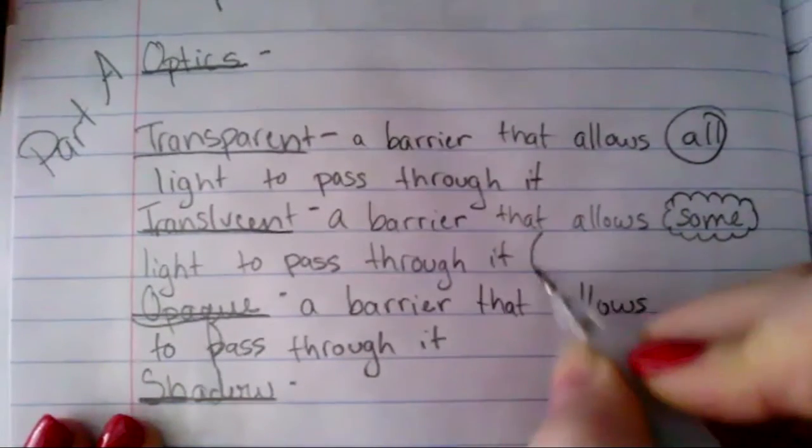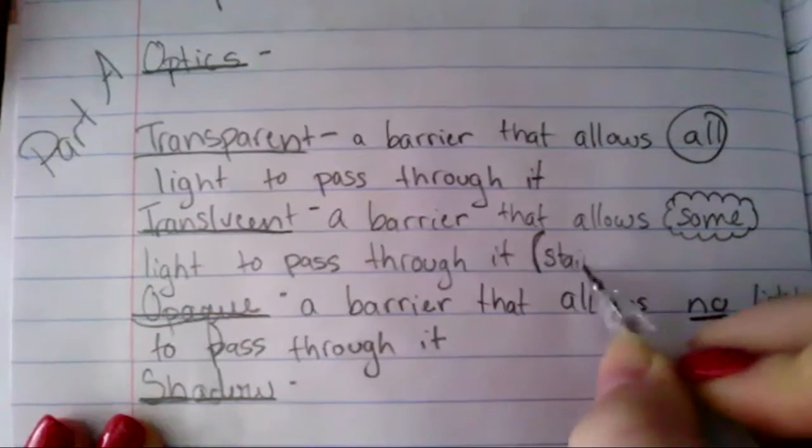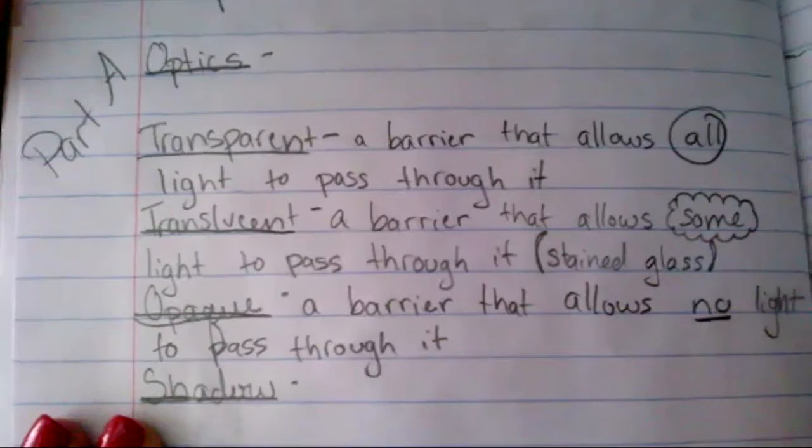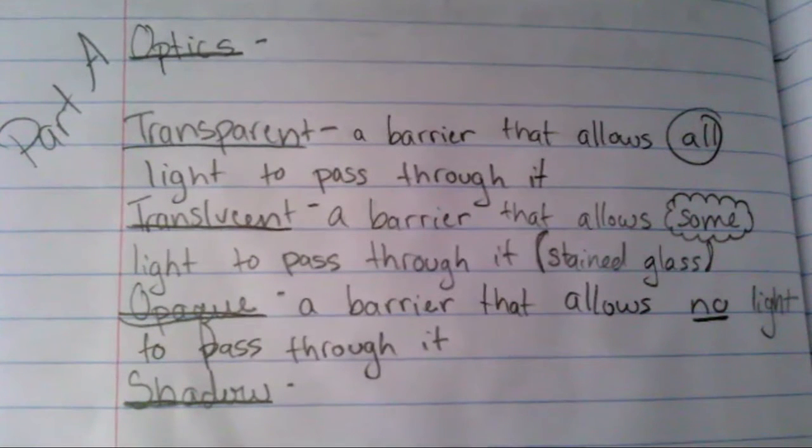Now, a stained glass window, we talked about how visible light is actually a spectrum of different colors. So if I have a red stained glass window, what light is it allowing to pass through it? What do you think?